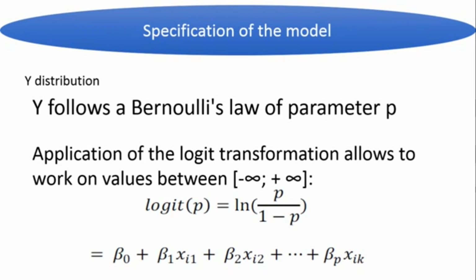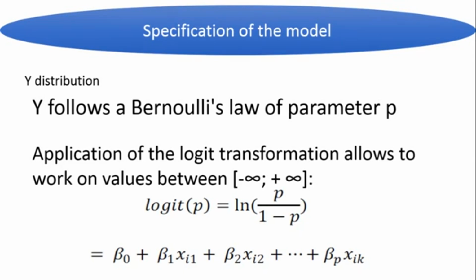As you see, when we make a transformation of our parameter, the parameter is not only a 0, 1 realization, but the logarithm of our parameter is a quantity that can take its value in R. So we can use linear regression right now to model the logit of our parameter, because it takes its value in the set of real numbers.